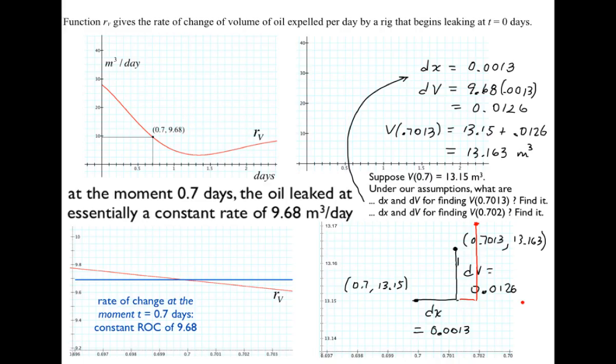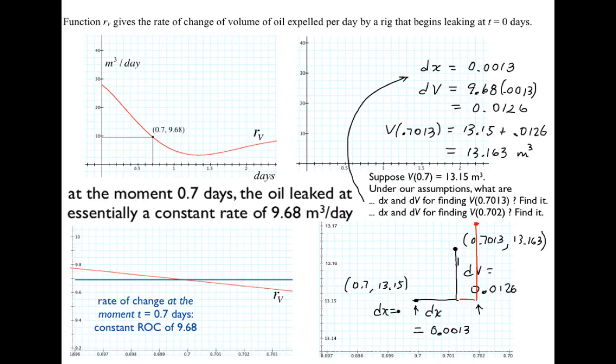Okay, and so then we could think of dx as actually a variable. We had two static values of dx for which we calculated the final volume, but we could think of dx varying from dx equals 0 right there to dx equals 0.002. So right there, dx equals 0.